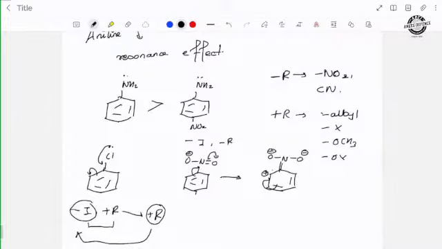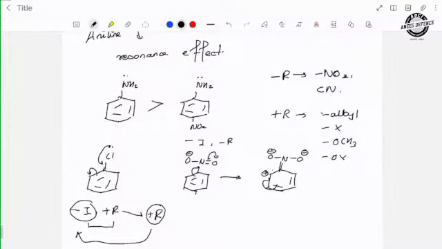So in the next lecture, we'll be looking into the chemical reactions of amine. We have completed the IUPAC nomenclature. We have completed the classification. We have completed the preparation of amine, and there were 6 preparations. After that, we completed the basic characters of amine, the factors affecting it in aqueous phase, in gaseous phase, and then we saw the plus I, plus R, minus I, minus R effect.